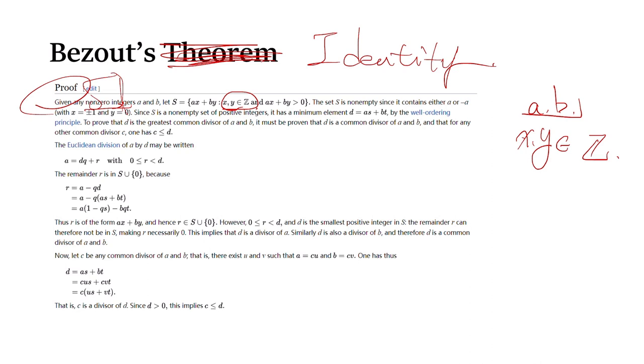Then if AX plus BY equals 1, that shows the greatest common divisor of A and B will be 1.